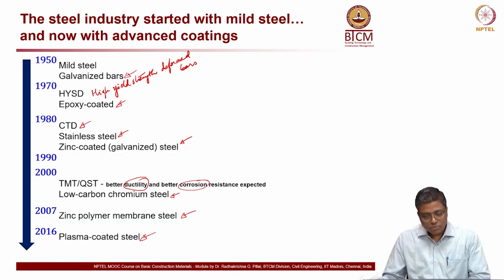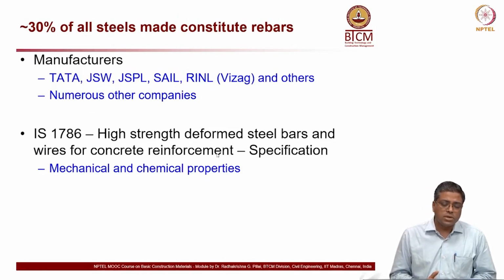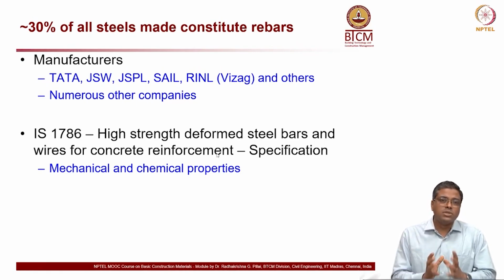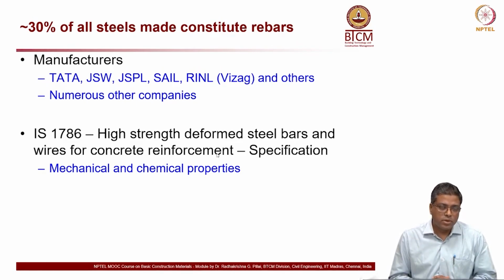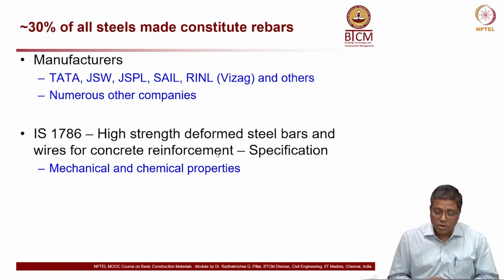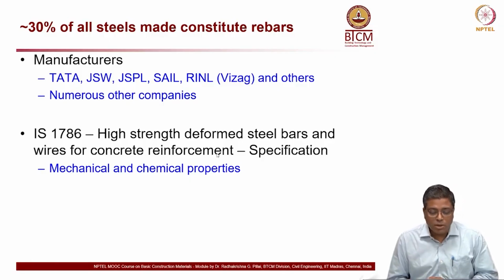So these are just to show you a glimpse of how the steel industry evolved over the past few decades. Now, of all the steel that is manufactured, whether it is plates, sheets, rebars, whatever, 30% of that will be steel rebars. Okay, in India that is the kind of distribution. And Tata, JSW, Jindal Steel and Power Limited, Steel Authority of India, Rashtriya Ispat Nigam Limited, RINL, also called Vizag Steel.